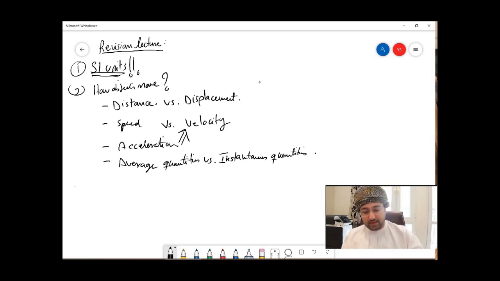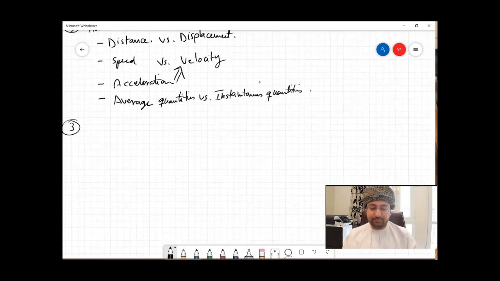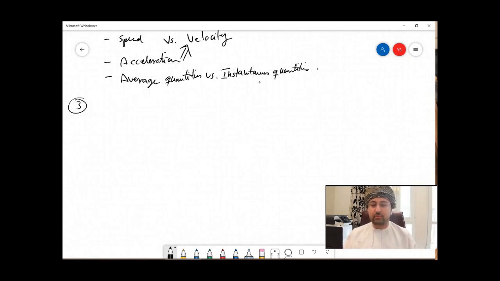Moving on from that, we said, okay, we have constant acceleration. What do we do with constant acceleration? We said with constant acceleration, we have three main equations where we will be using them to describe how everything moves within limits, okay?